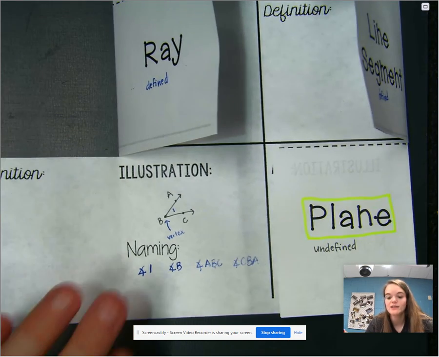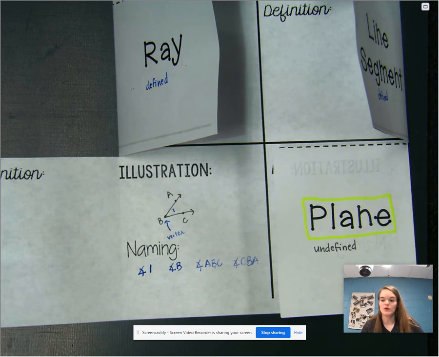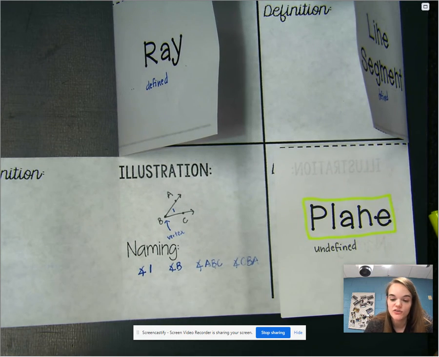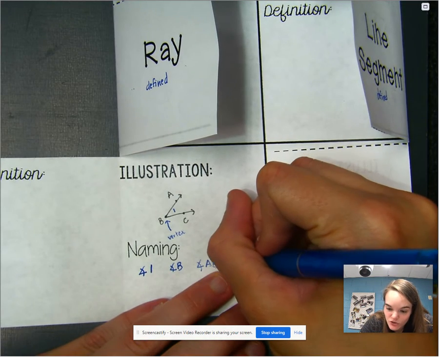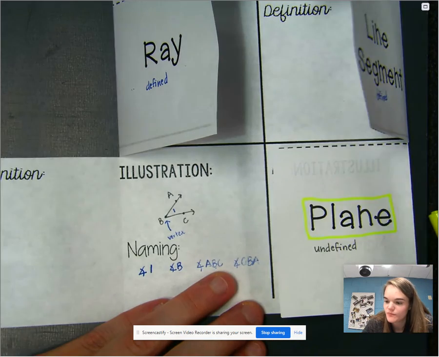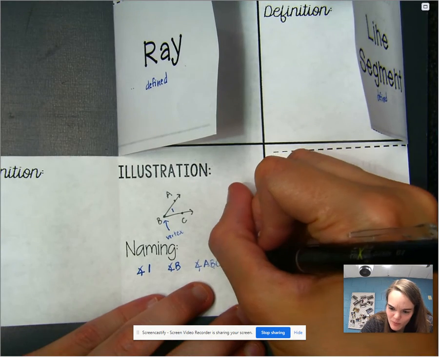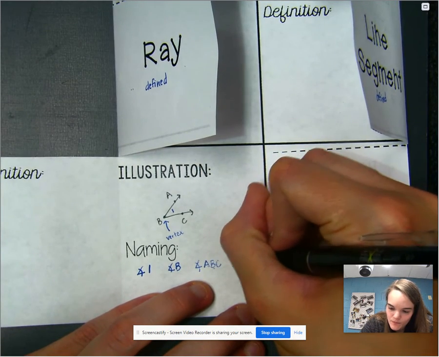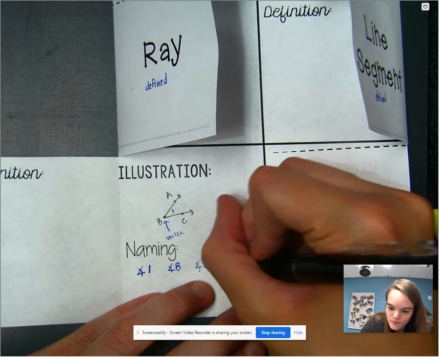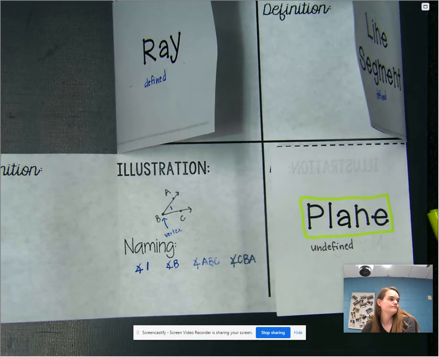If it's not, then you cannot label it that way. It has to be with the vertex in the center. If you told me, oh, this is angle ACB, I would have no idea what you're talking about because there's not an angle there. Let me rewrite over this because my pen's running out. Okay. Angle CBA, or ABC, or B, or 1.